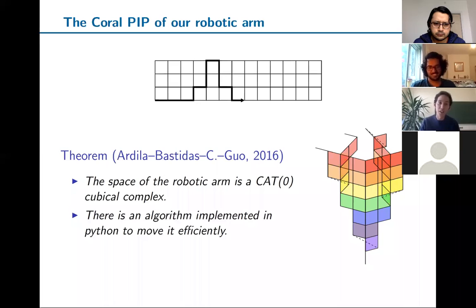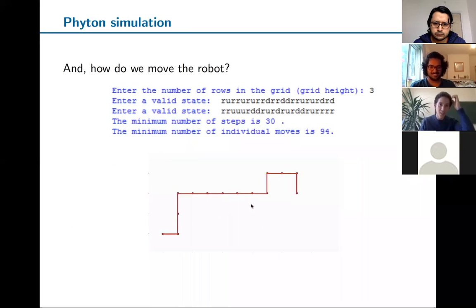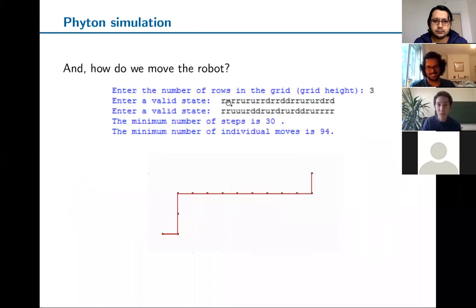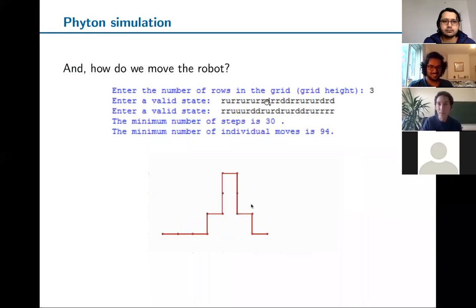So there is an algorithm implemented in Python to move your robot efficiently, and let me show you this in an example. So here's how the program works. You give the initial position of your robot, encoded by, let's say, R for right, U for an up step, and D for a down step.